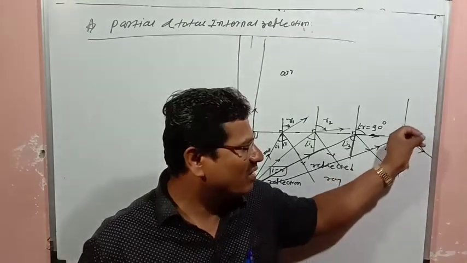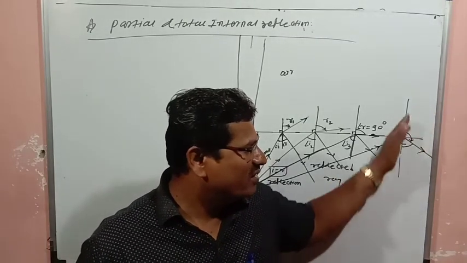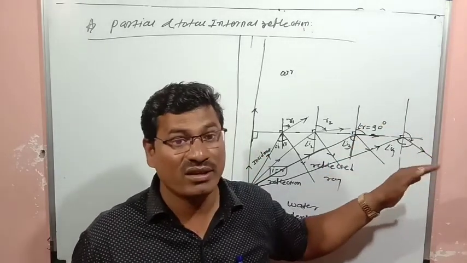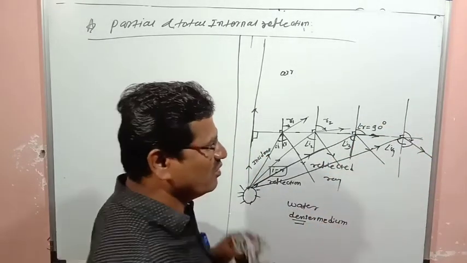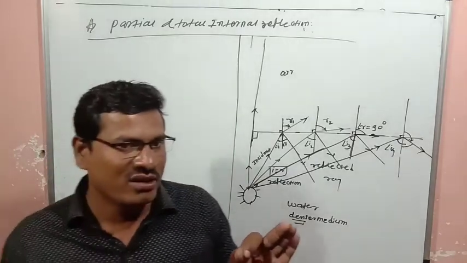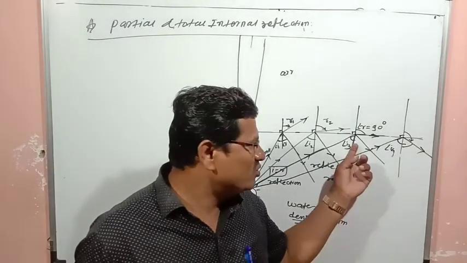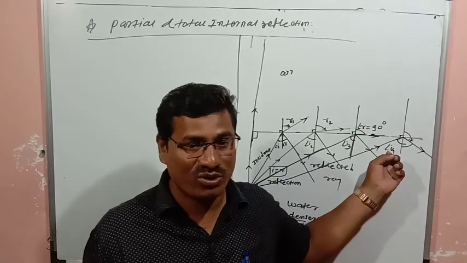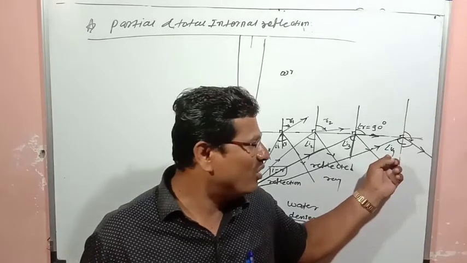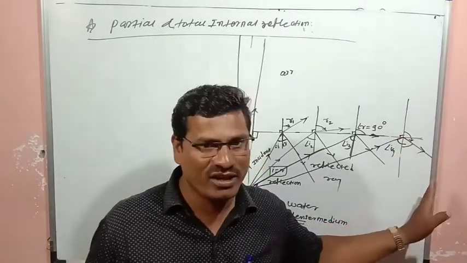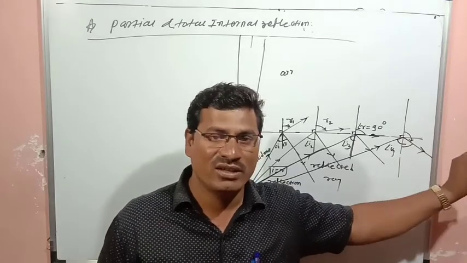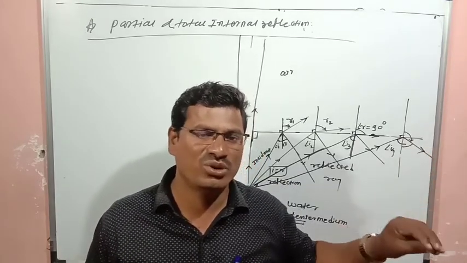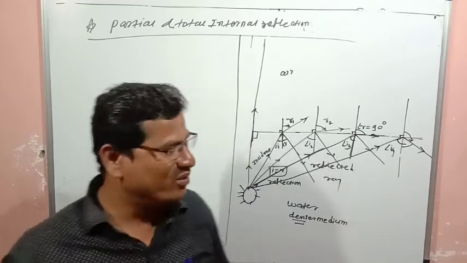So whatever light ray is there, it is totally getting reflected. So when the angle of incidence becomes more than the critical angle, then all the light rays get reflected, no part of light is refracted, and it is called total internal reflection.